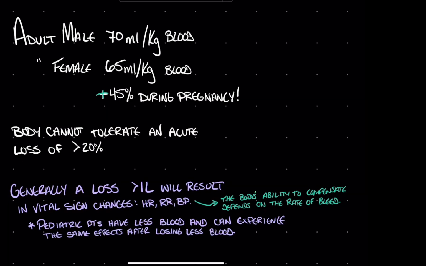So this next portion here, we're going to be talking about blood volumes and blood loss. One thing to remember that's important is, people in general aren't really great at visualizing a spill of fluid on the ground to determine what the actual volume is. No one's really that great at it.